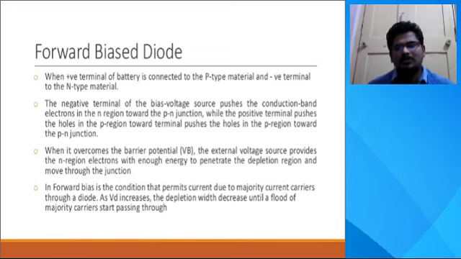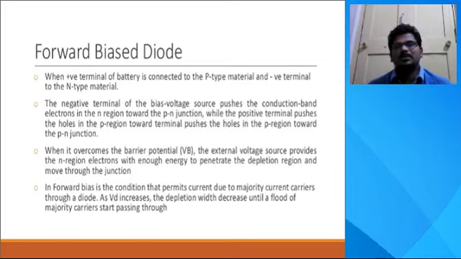Basically this process is called absorption. Whenever we apply the forward bias to your PN diode, the electrons in the valency band try to move towards the conduction band. After the electrons lose the energy they gained, they will try to return to the valency band. So when it overcomes the barrier potential, the external voltage source provides the N region electrons with enough energy to overcome the depletion region and move through the junction.